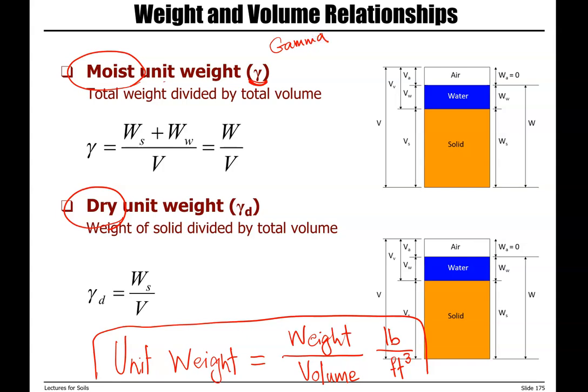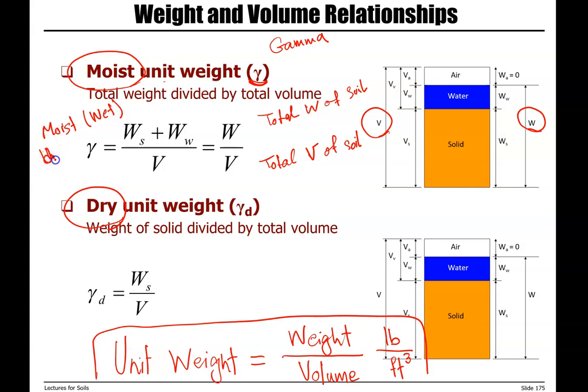So gamma is equal to total weight divided by total volume. It's total weight of soil, including weight of water, divided by total volume of a soil sample. This is moist or wet.